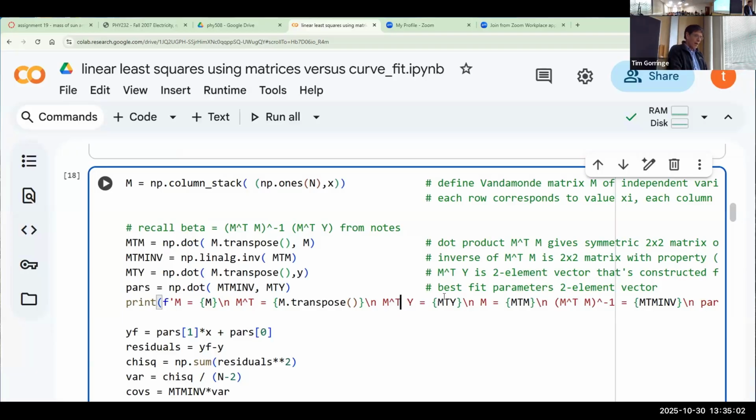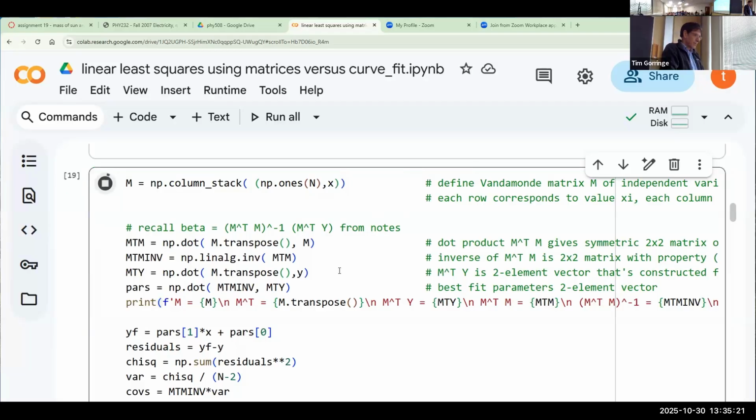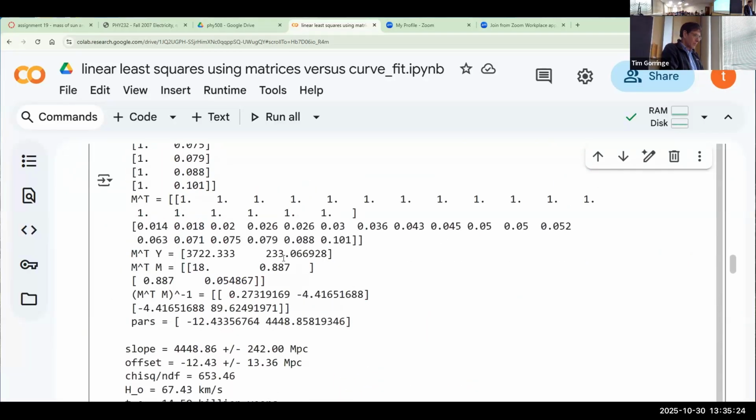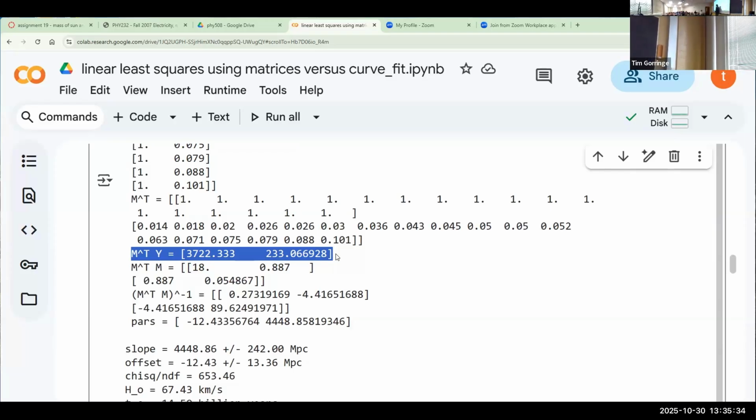I'm printing out M^T Y, the transpose of M times the vector Y. And then I'm printing M^T M, the transpose of M times M. So this is a little column vector, which is made from the product of the transpose of M and Y. The transpose of M, remember, was wide, had lots of columns, but just two rows.